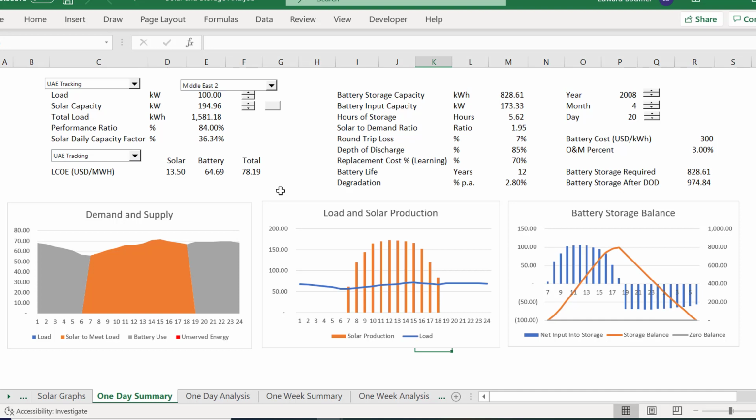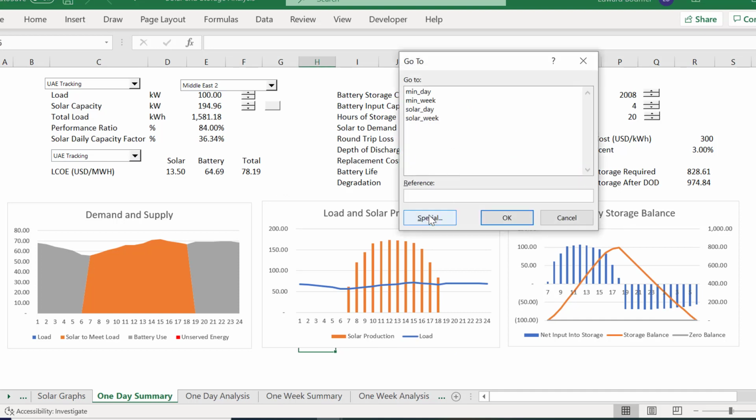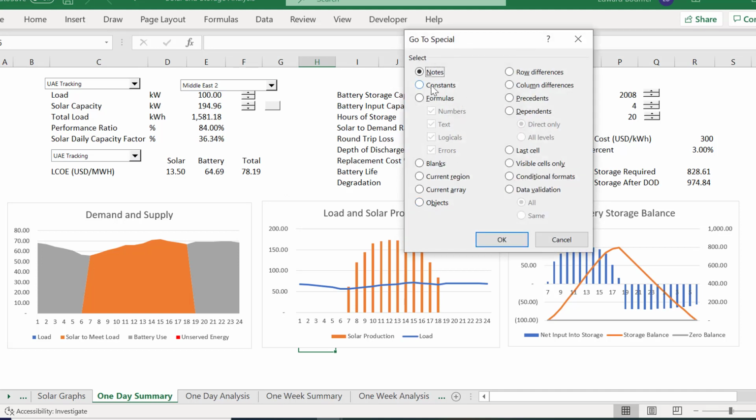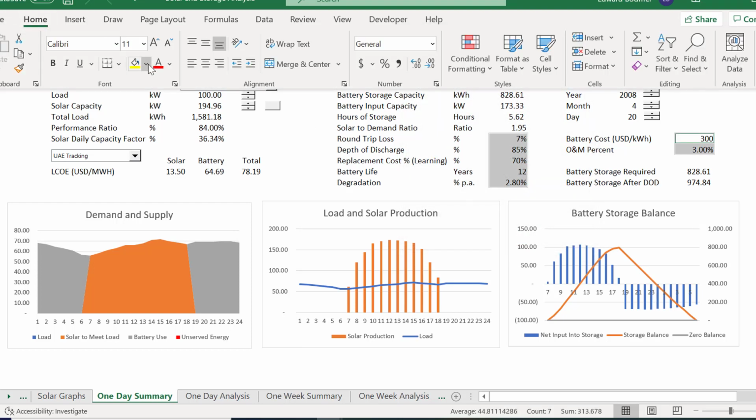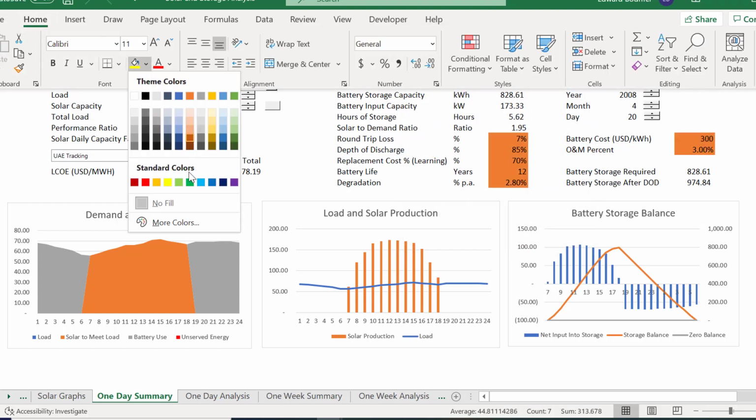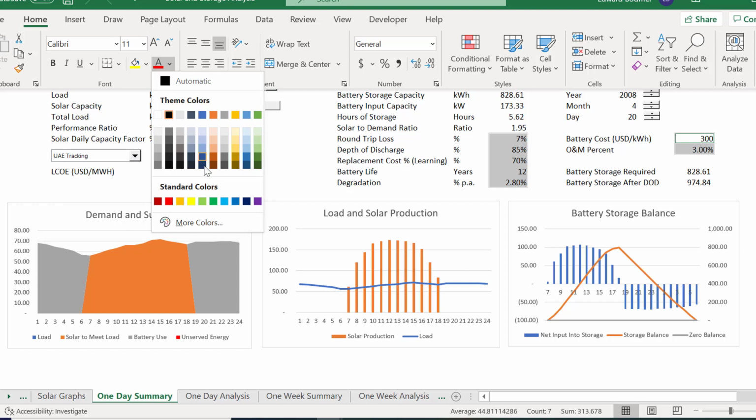Let me do an F5 and go to special and go to constants and only take the numbers. Then go to home and let me color the numbers with some kind of blue.